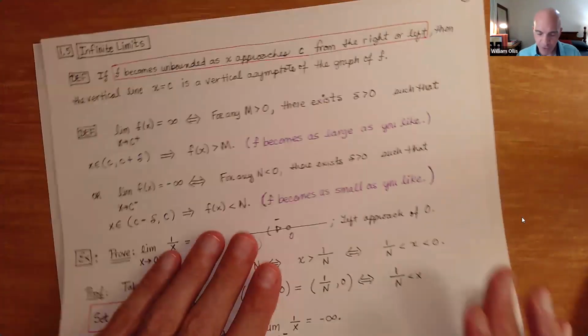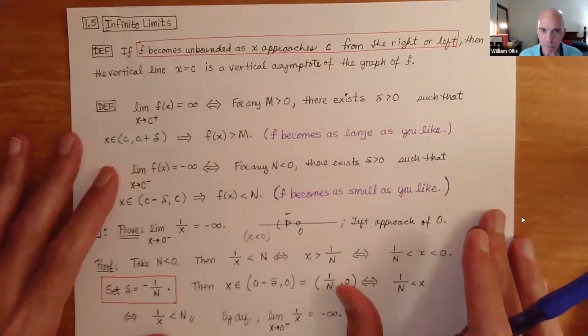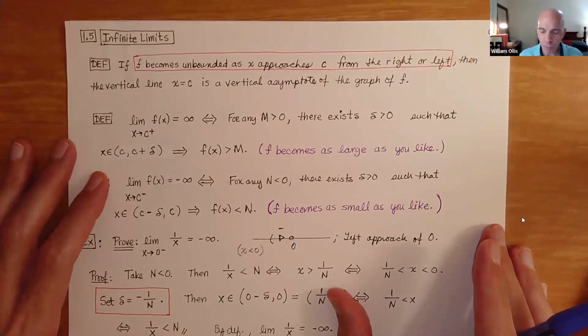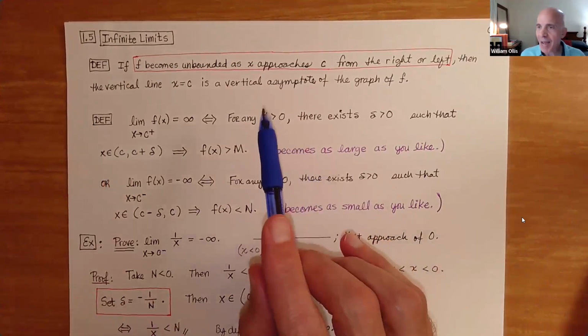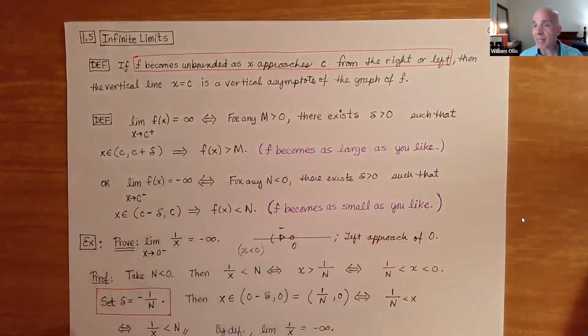So now what I wanted to do was just add a few definitions here, and then do a very simple proof from your homework. The idea, at least what you're thinking now, is that we only get a vertical asymptote when we have a 0 in the denominator that is not a 0 in the numerator.